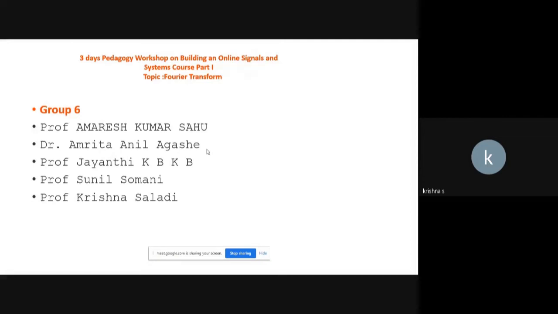So this is the understanding I have from the sir's lectures. Sir has given two lectures: lecture 23 on the Fourier series and lecture 24 on the Fourier transform. One is representing the signal in the form of sine and cosine signals in the Fourier series.